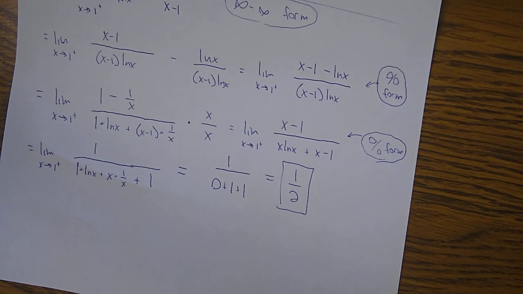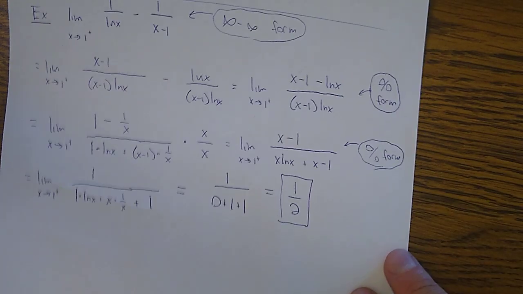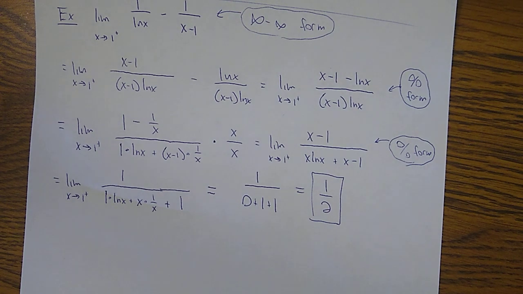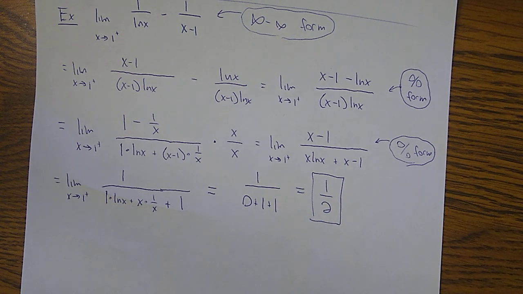I'm not a mean guy, so I'm not gonna give you a problem where you have to use it 10 times or anything like that. But there are problems where you have to use it 10 times. So I'll keep it down to maybe 2 or 3 times that you have to use L'Hopital's rule. But the point is don't be afraid to use it more than once.